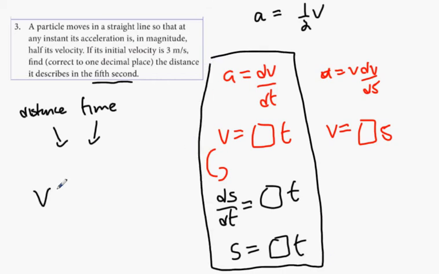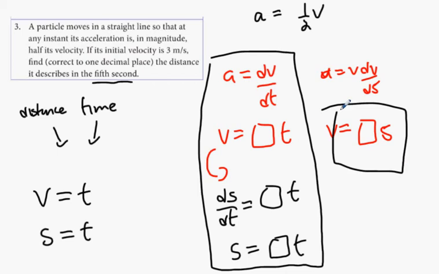It gets you v in terms of t, and after that, it will get you s in terms of t once you integrate again. The other one, however, will only get you v in terms of s. That's probably the most important 20 seconds you're going to hear in regards to this full chapter.